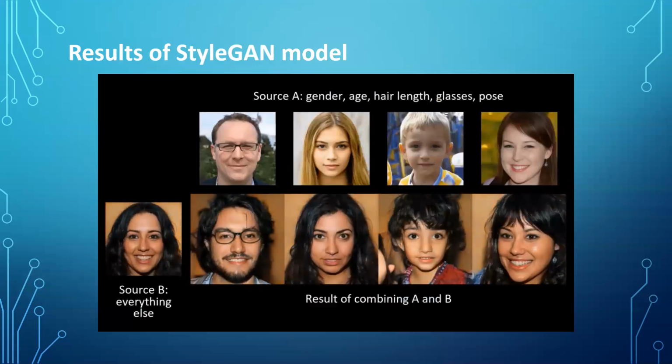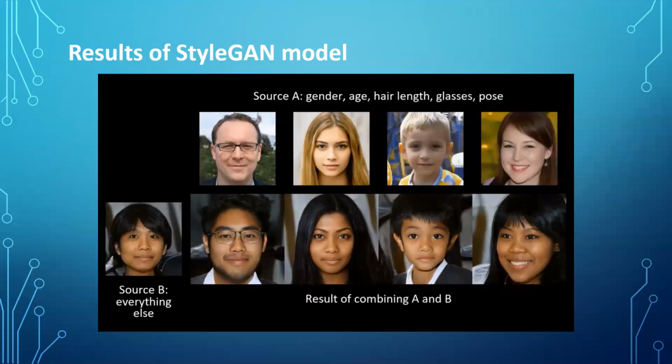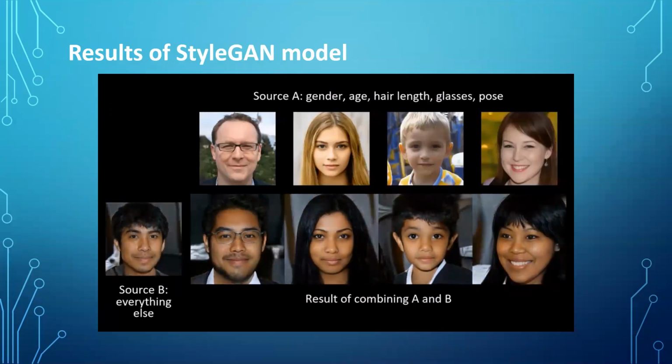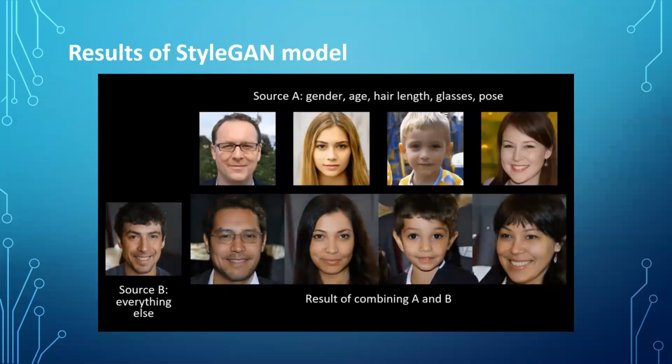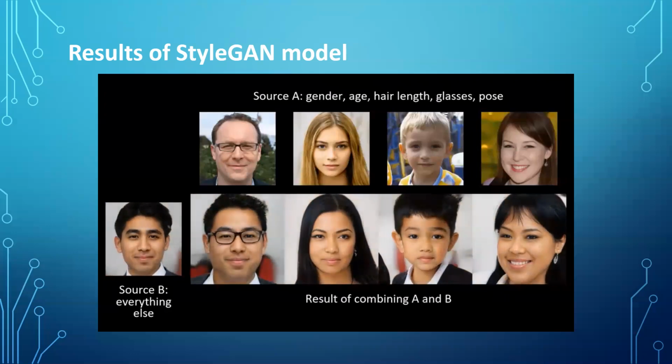Here's the morphing example of StyleGAN. Source A is kept constant, and source B is changing, and the combination is also changing as well.